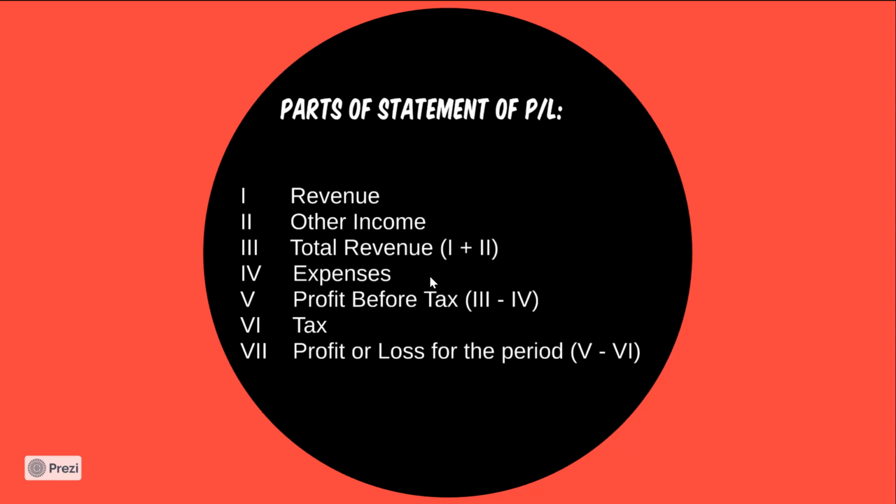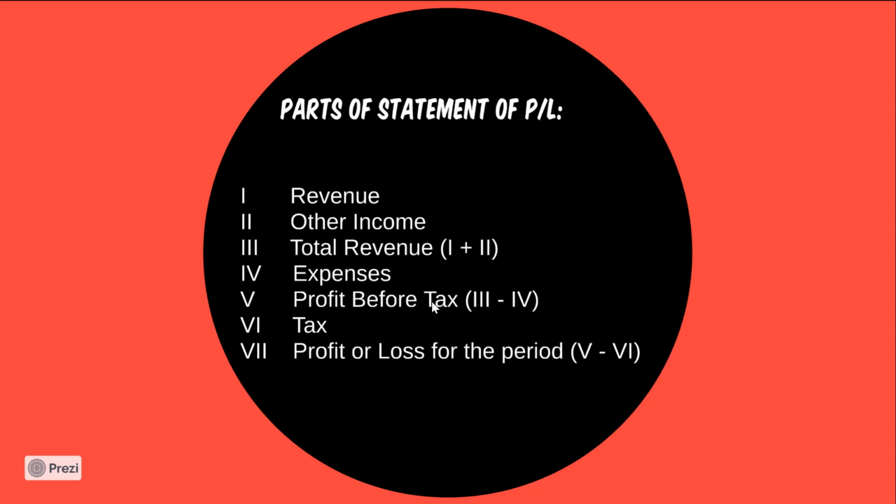In part 4, we will total the expenses of the company. Part 5 is profit before tax, which is part 3 consisting of total revenue minus part 4, which is the total expenses. So this 5 will give us the profit before tax.